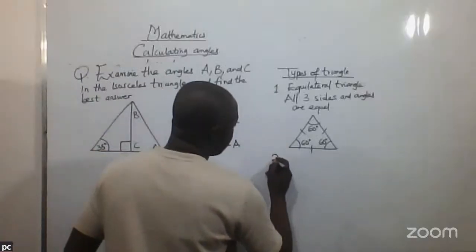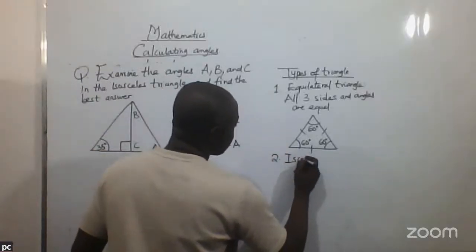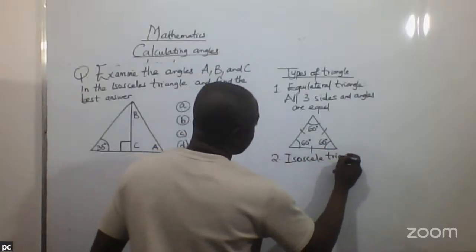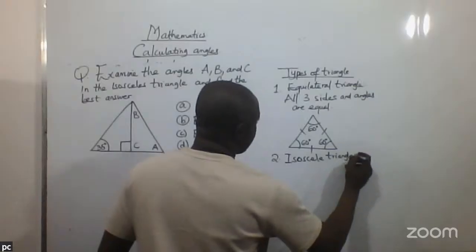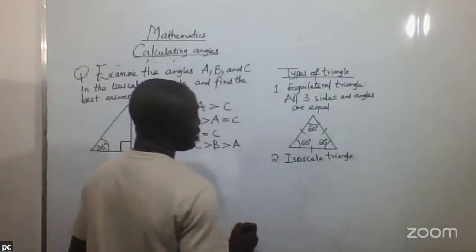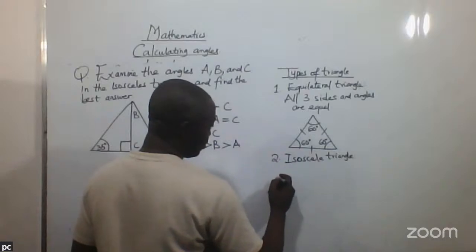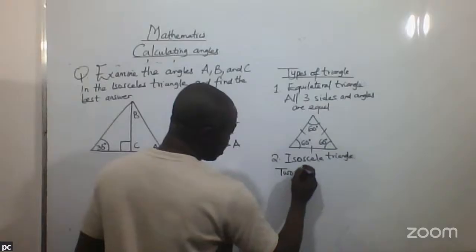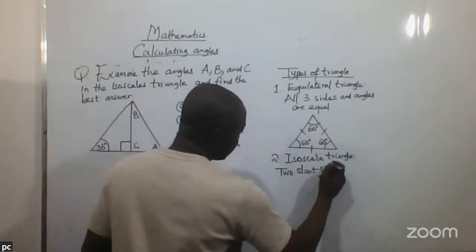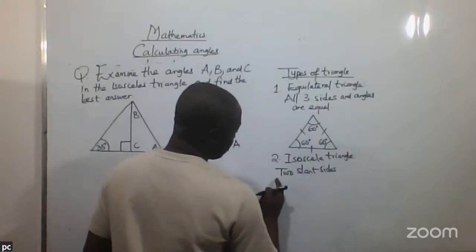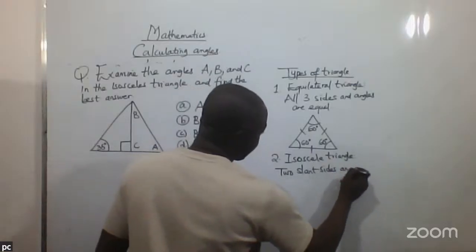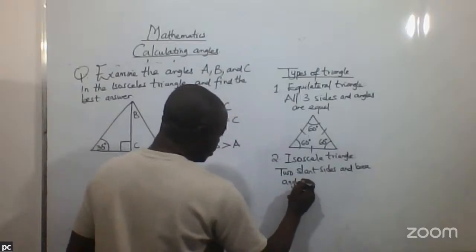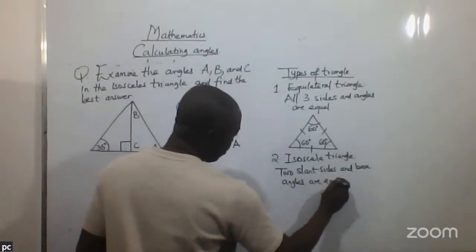Now number 2, we have isosceles triangle. For isosceles triangle, two slant sides and base angles are equal.